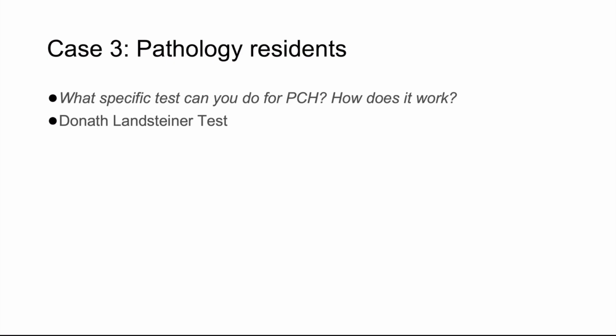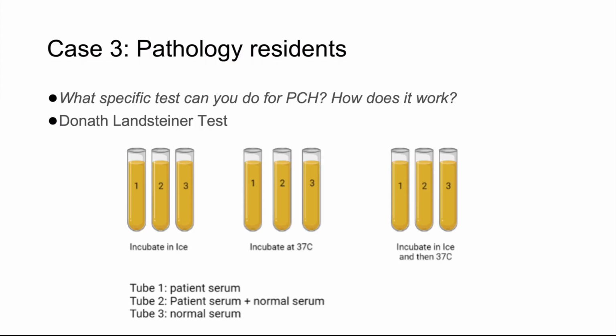What specific test can you do for PCH and how does it work? The answer is the Donath-Landsteiner test. The way that it works is you take 3 tubes. One is the patient's serum, tube 2 is the patient's serum and normal serum mixed together, and 3 is just normal serum. You take one set and incubate it on ice. You take the second set and incubate it at 37, and then the third set you incubate on ice and then at 37.